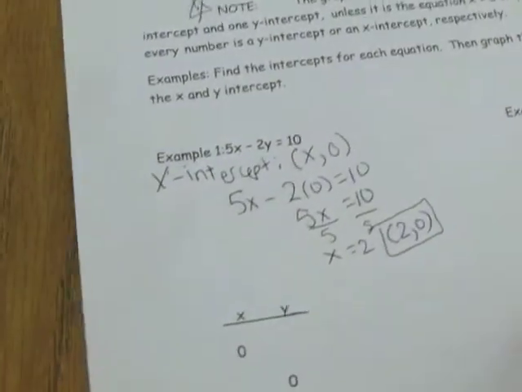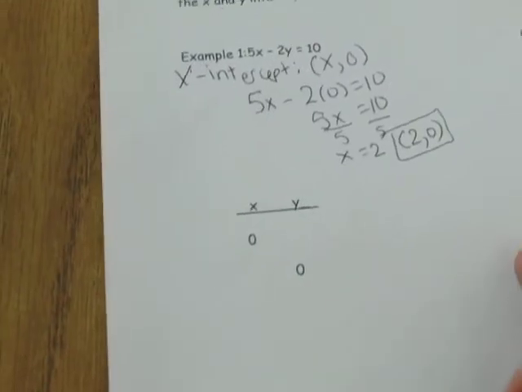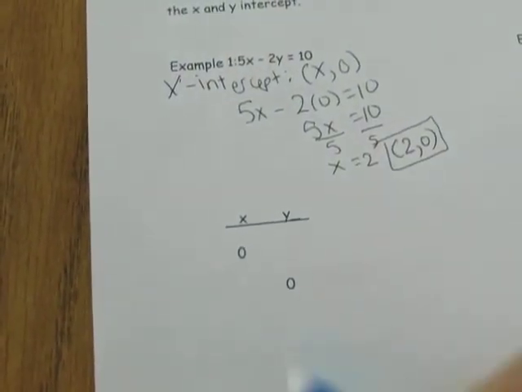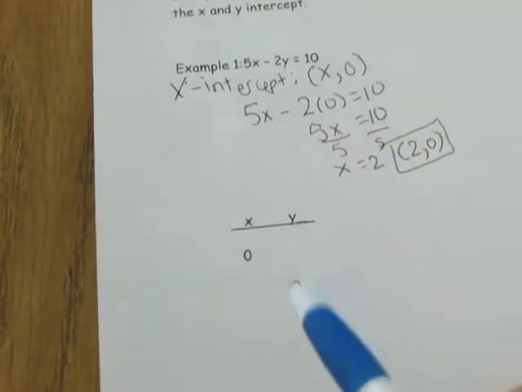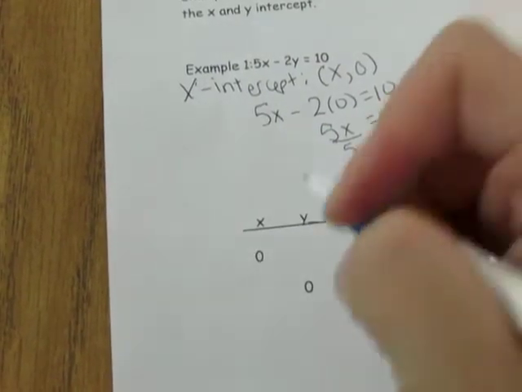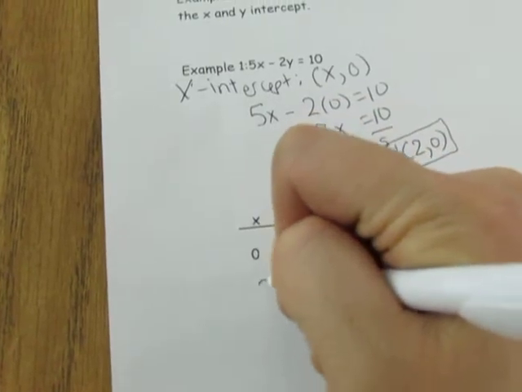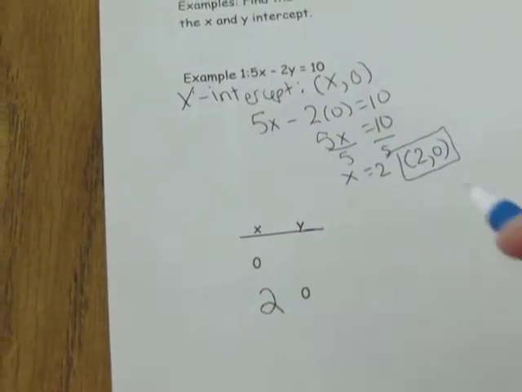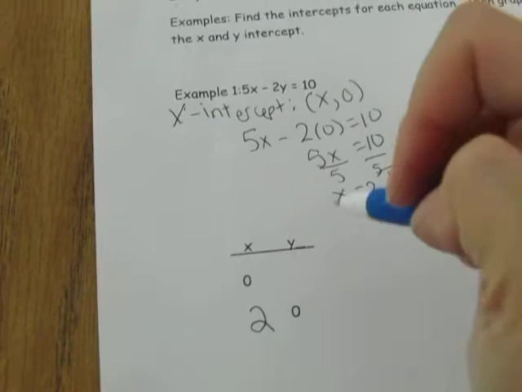Okay? Now, I'm going to do my y-intercept stuff down here. What this means is that when y is 0, x is going to equal 2. All right? Now I have to find my y-intercept.